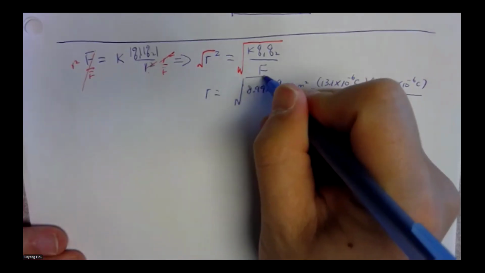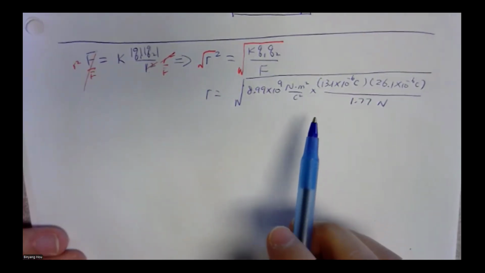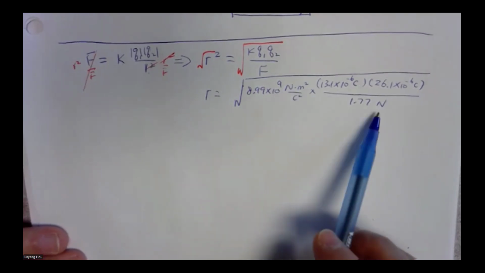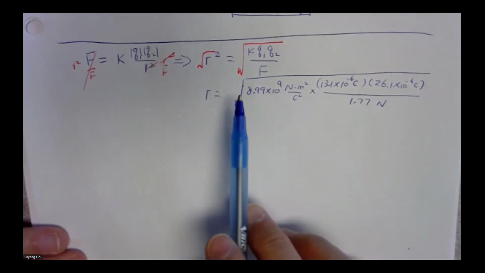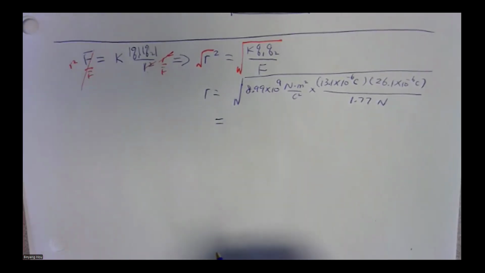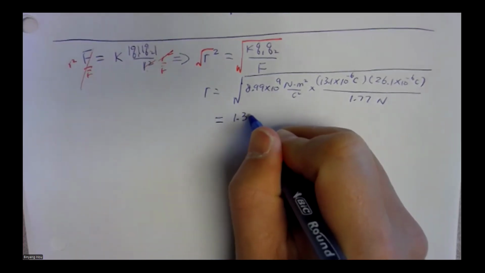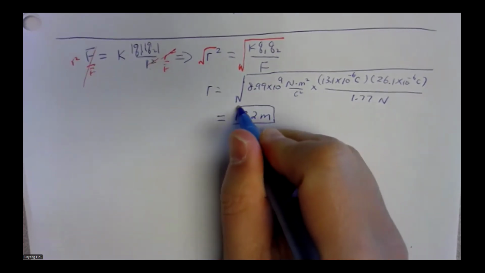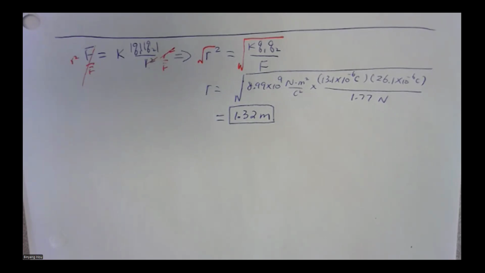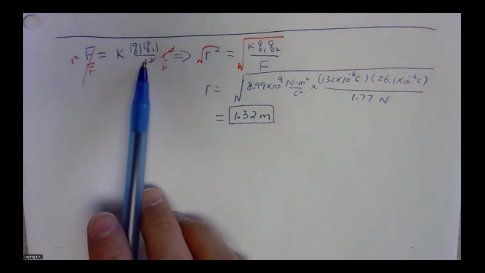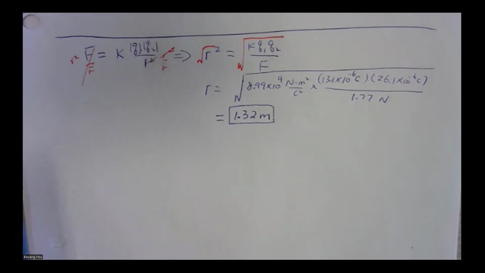You can check the units to make sure they are dimensionally consistent: coulomb squared cancels, newtons cancel, and the square root gives meters. Punching all the numbers into your calculator correctly, the two charges are separated by 1.32 meters. Again, we applied Coulomb's law, F equals K Q1 Q2 absolute values over R squared, and then rearranged to find R.